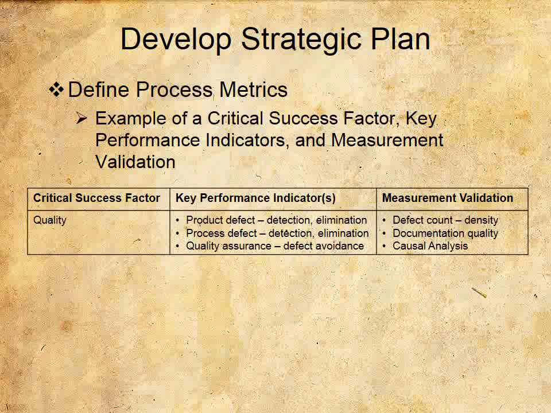IT portfolio management emphasizes the alignment of IT strategy to business strategy. Companies continuously experience difficulty translating the traditional IT efficiency metrics, that is, doing things right, and the business emphasis on IT effectiveness metrics, that is, doing the right things.